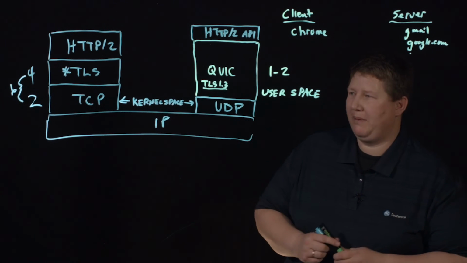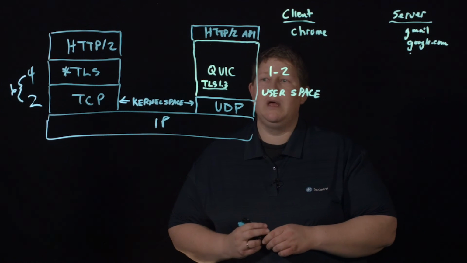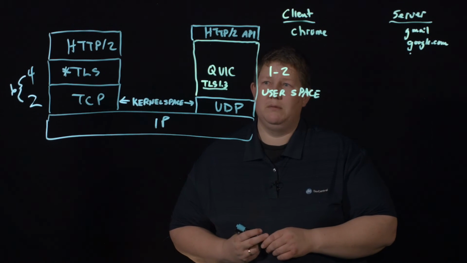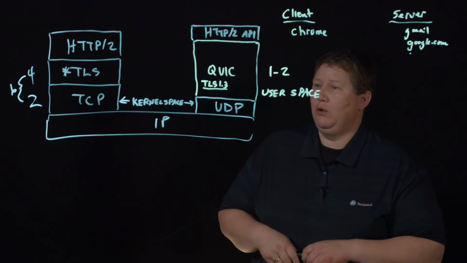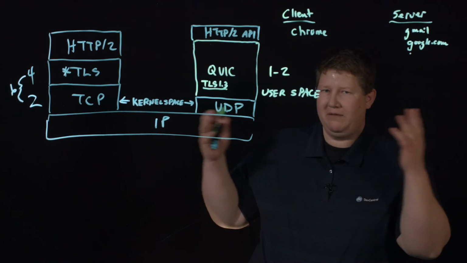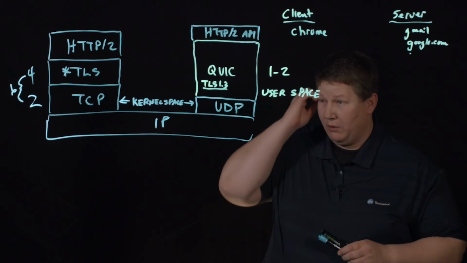With TCP, you have to have the packets in order, but UDP doesn't care about that. So by implementing QUIC, you get stream impaction instead of entire connection impaction, which is pretty cool.